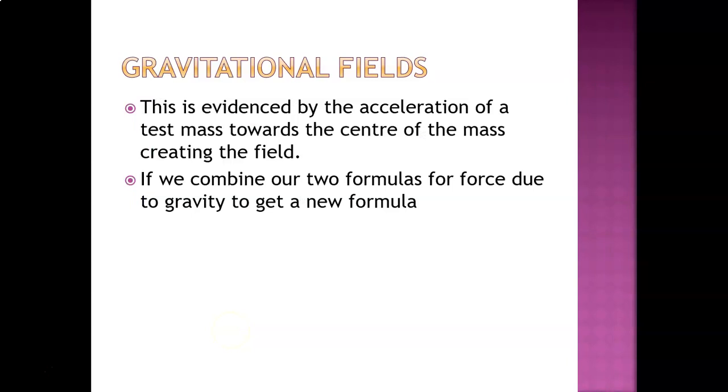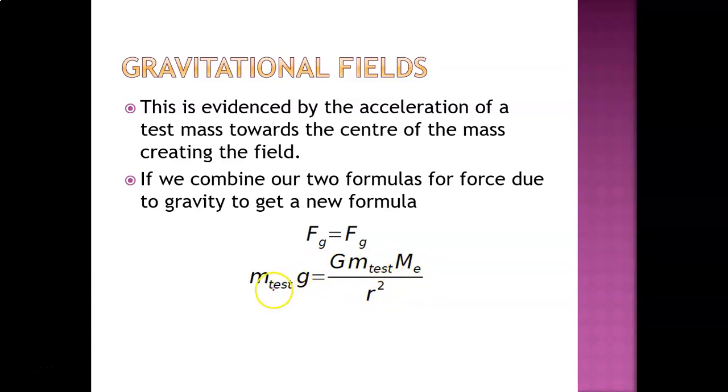All right, and so what we're going to do is we're going to combine our two formulas for force of gravity. So force of gravity is equal to force of gravity. Not much there. What we're looking for here really is that this is the mass times acceleration is equal to G m1 m2 over r squared.